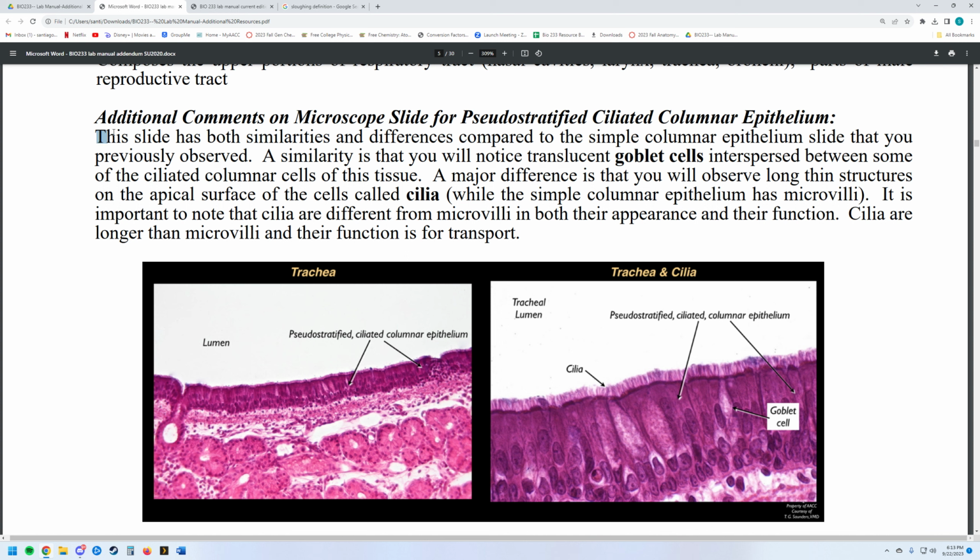And then our picture here, this slide has both similarities and differences compared to the simple columnar epithelial slide that you previously observed. The similarity is that you will notice translucent goblet cells interspersed between some of the ciliated columnar cells of the tissue.